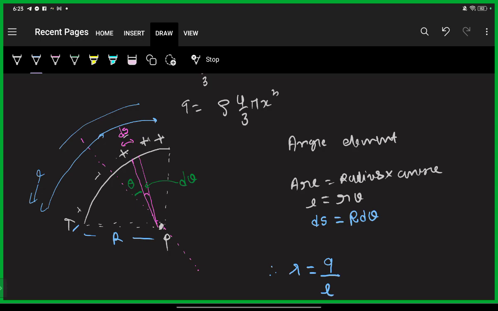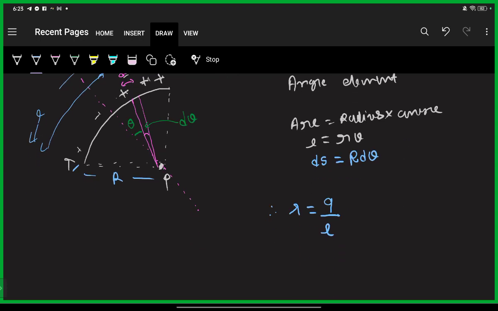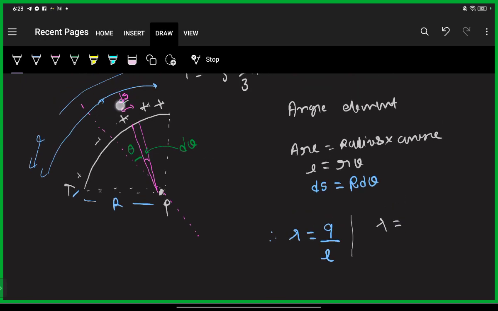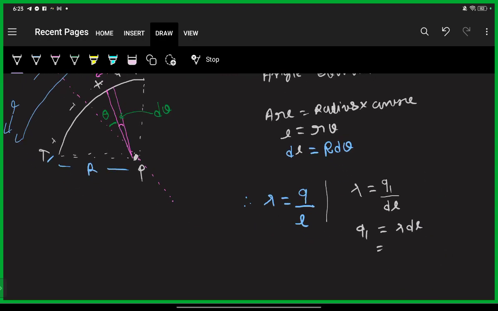So here in this case, for our element ds is the length, or let me call it dl, it will be easy for us. So the charge on this smaller element will be q1 by dl. It is very simple. Q1 is lambda dl. And what is dl? It is r d theta.